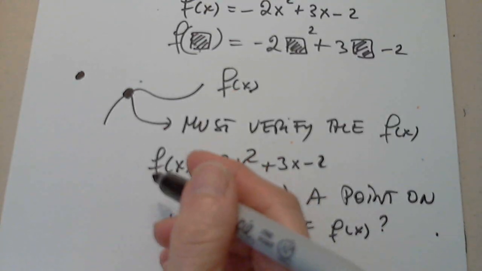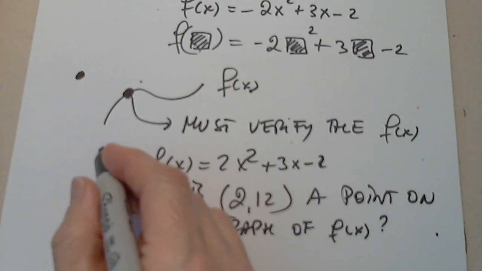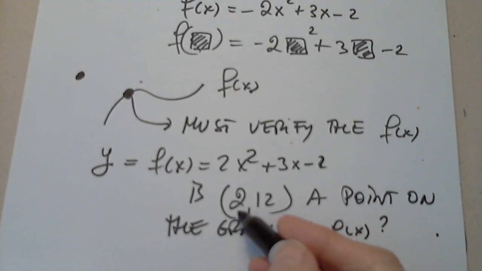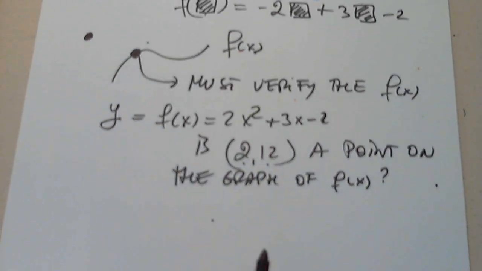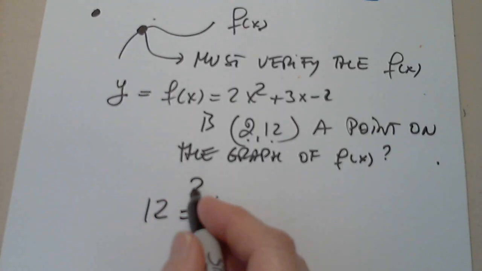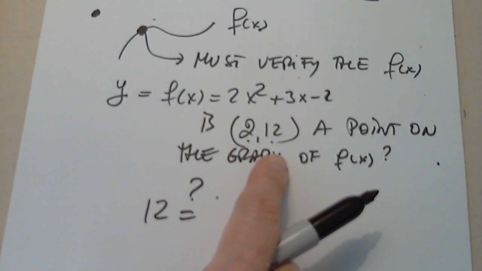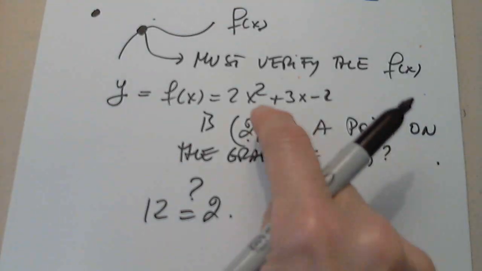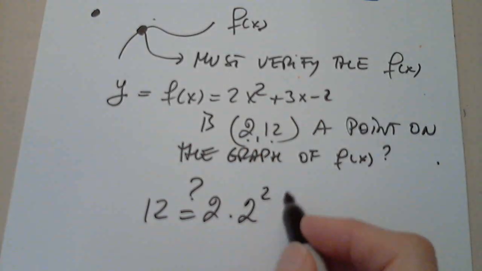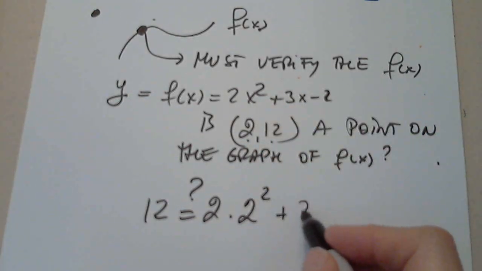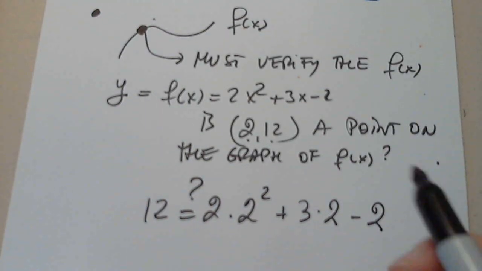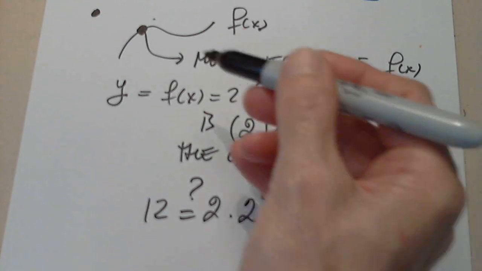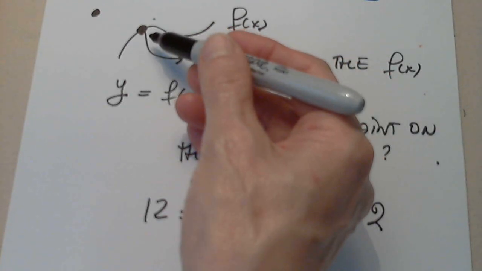We have basically two notations for f of x, the same thing with y. So I replace x by 2 everywhere and y by 12. So if 12 equals 2 multiplied by 2 squared plus 3 times 2 minus 2, if the left-hand side equals the right-hand side, then I'll say yes, this point is on the graph.